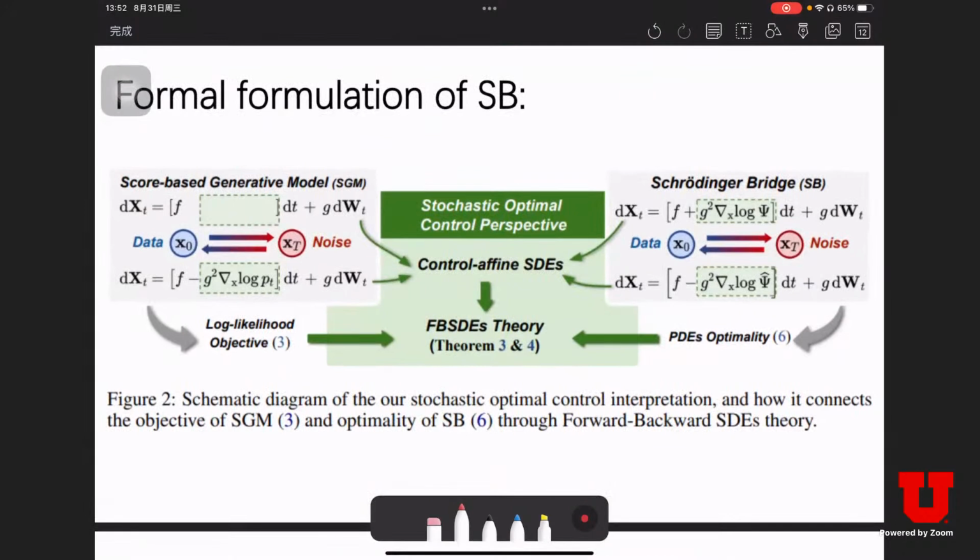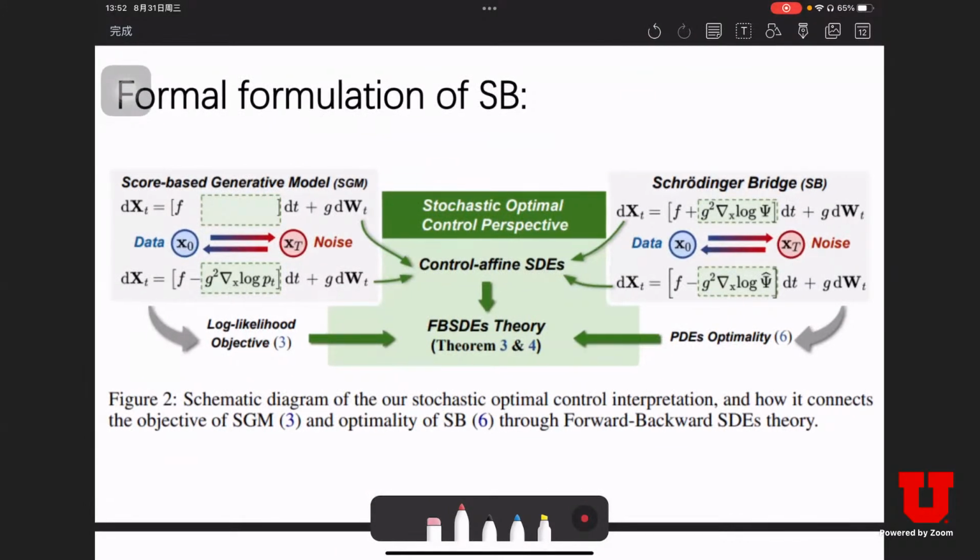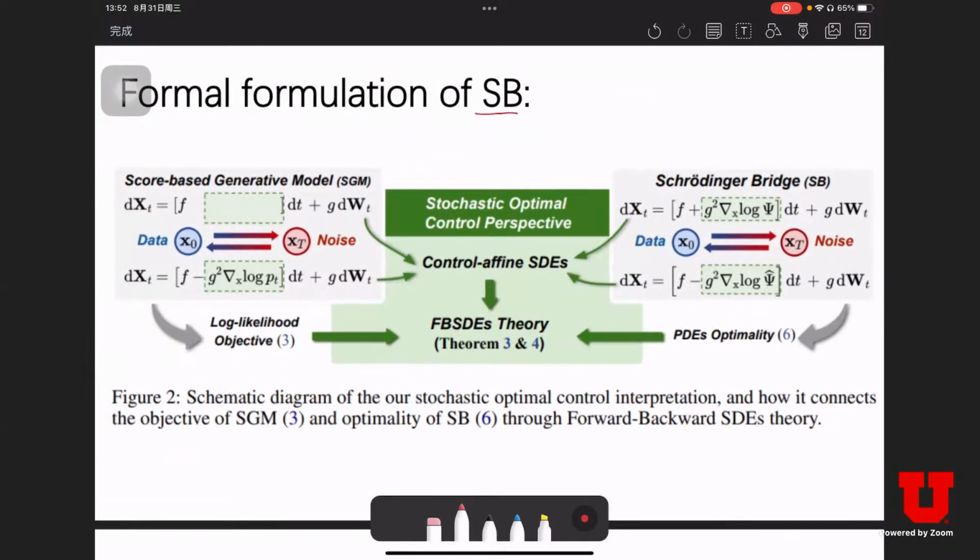Here, I will recall the big picture about the Schrodinger bridge problem in diffusion models. For the score-based generative model I have introduced, the forward SDE is given by F and G, and the backward SDE is something where you have to estimate the score terms, and you get the backward SDE exactly.